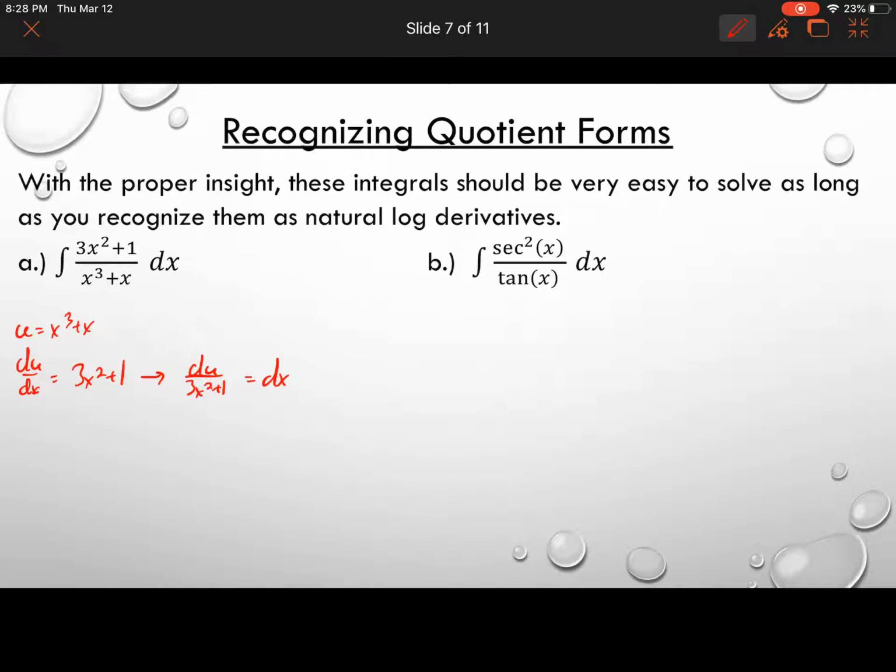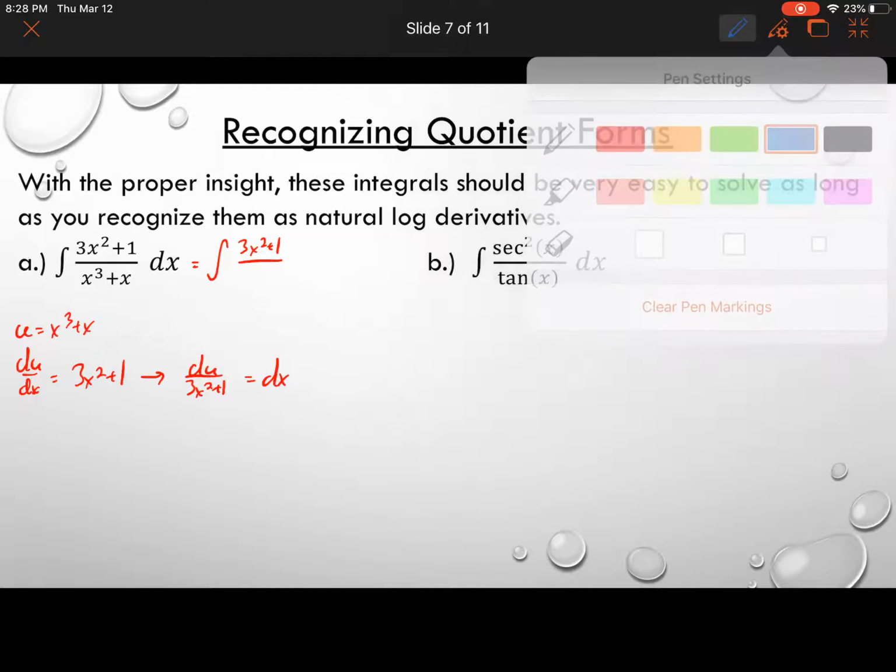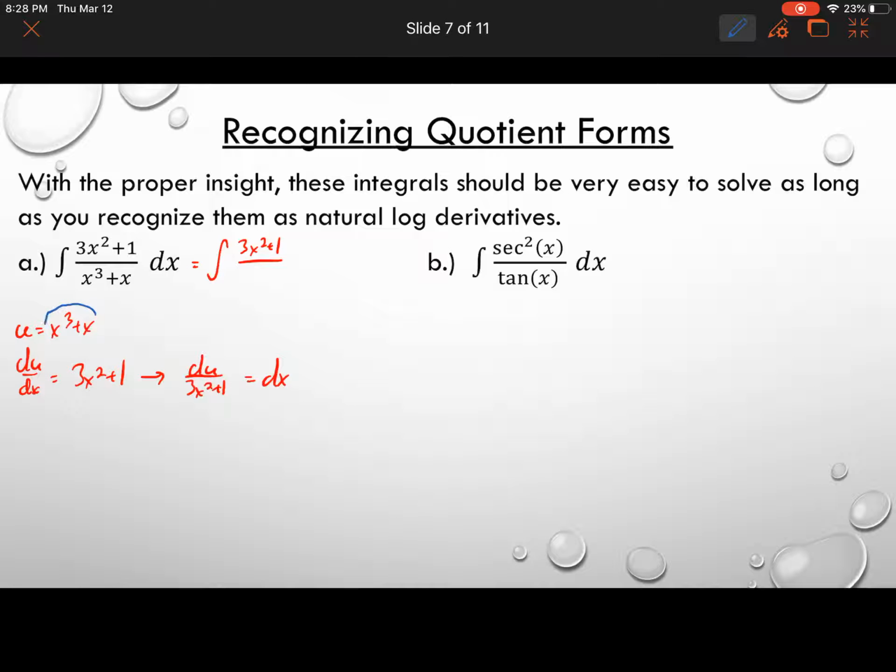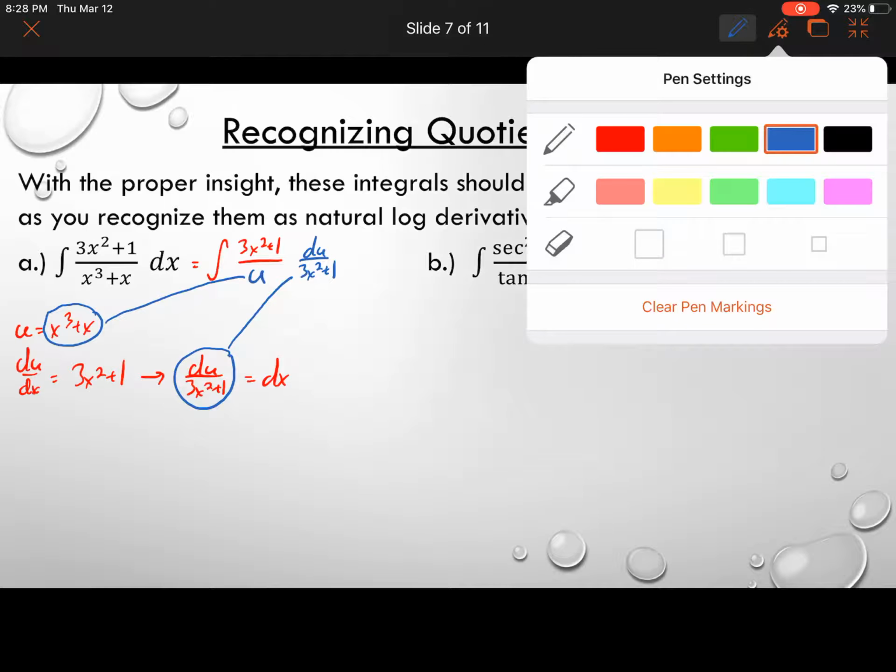So now we make our substitutions, right? So the integral of 3x squared plus 1. The bottom, remember, at this point now becomes u, because that's what it's equal to. And then the dx now becomes du over 3x squared plus 1.